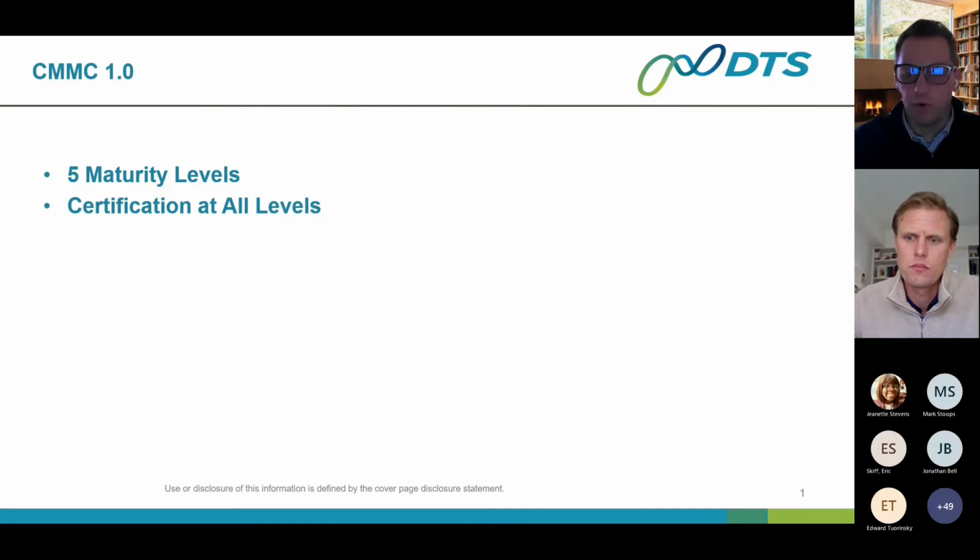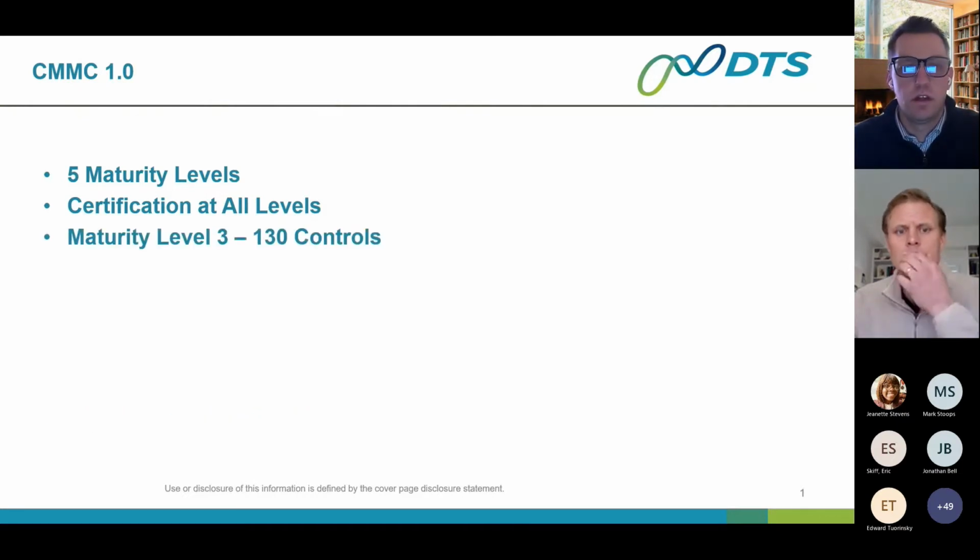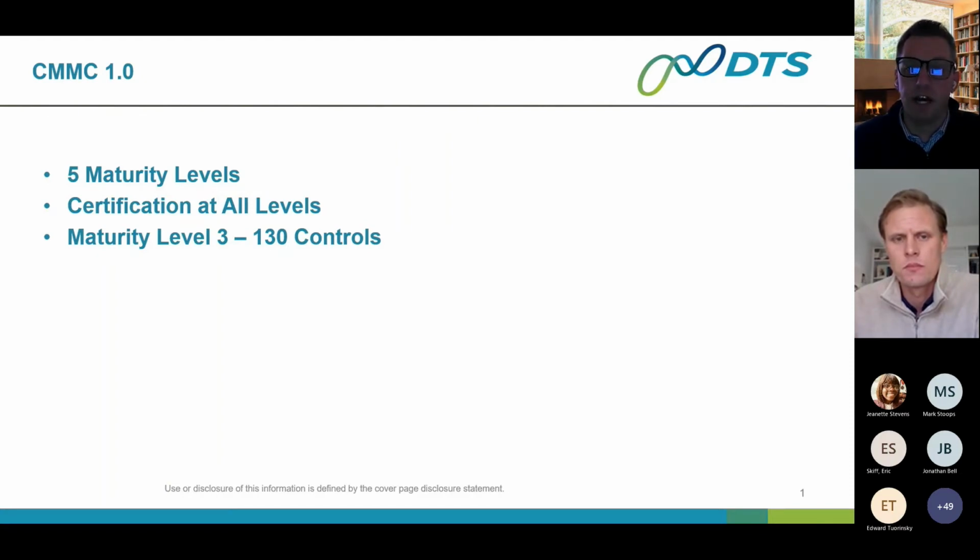And the next point, maturity level 3 is the one that I want to focus on very quickly. This was the highest maturity level where the controls had been fully finalized by the DoD and was the minimum requirement for contracts that were going to have CUI on them. It was a very large focus of the feedback that DoD received from the DIB in the public comment period for the interim rule.